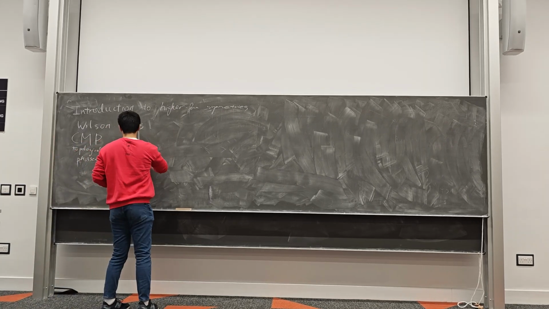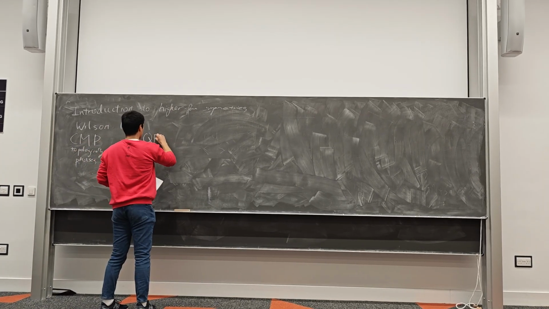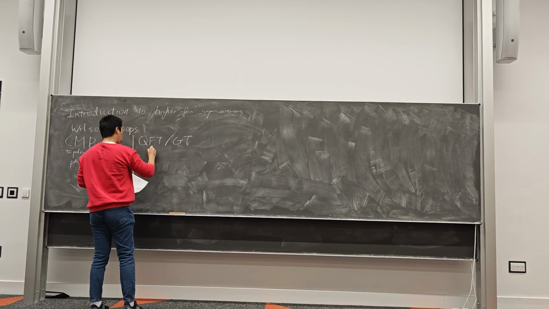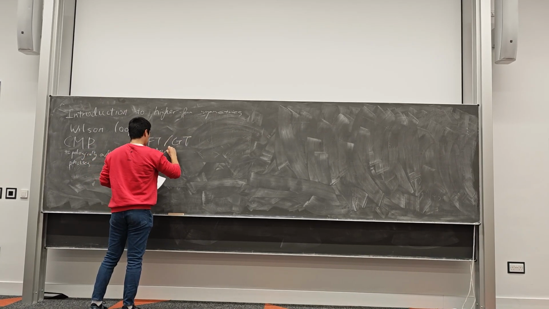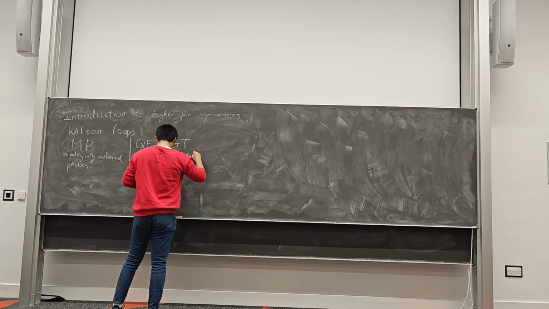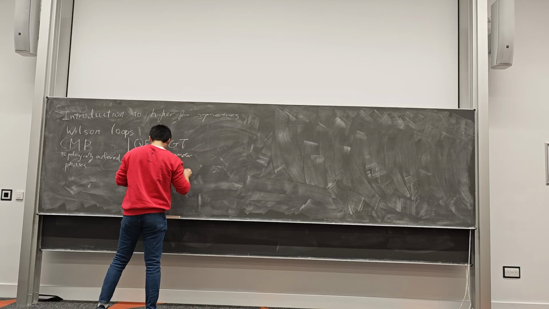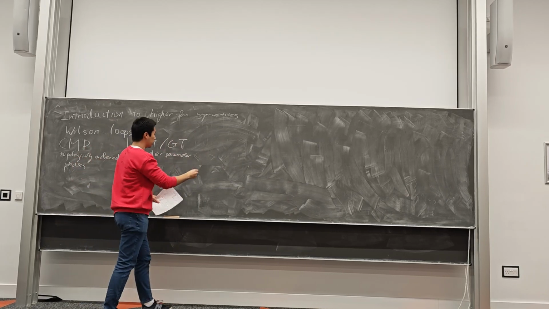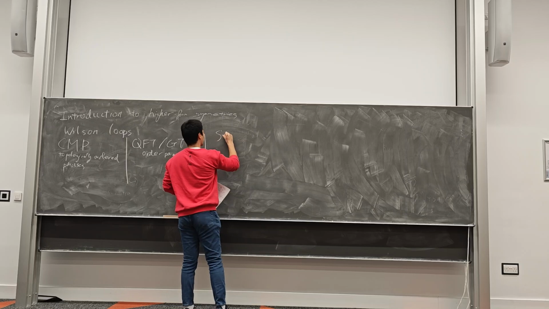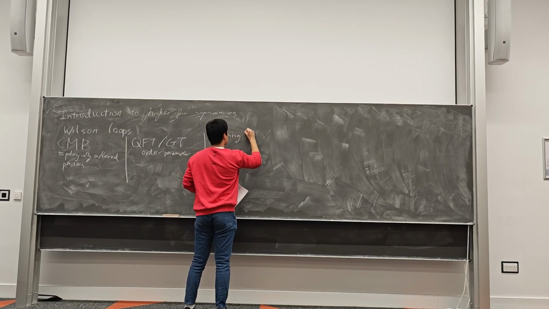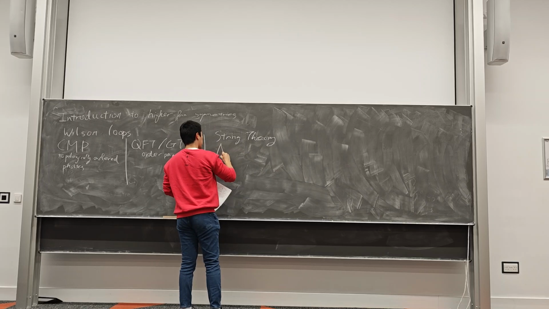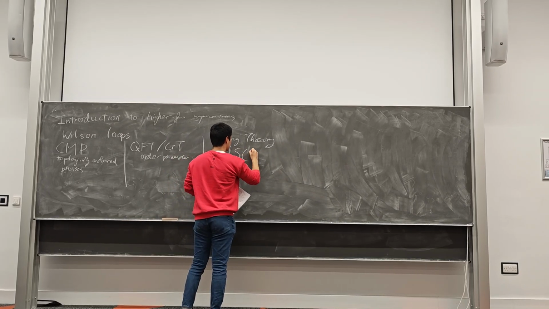And in QFT and gauge theory, Wilson loops are order parameters. And these are used for confinement and deconfinement transitions in gauge theory. And finally, one last example is that in string theory, Wilson loops appear in ADS-CFT.